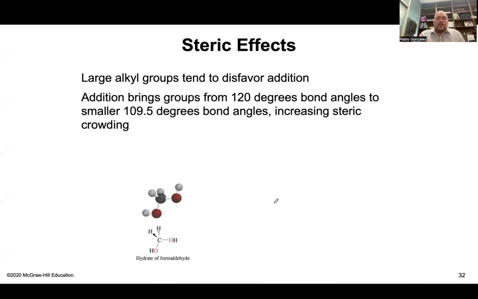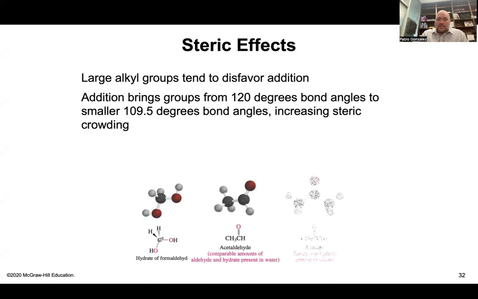So we have here the hydrate form of formaldehyde, acetaldehyde, and also the acetone. Acetaldehyde can have some hydrate compounds. For acetone, there is going to be hardly any hydrate present in water, because water needs to go through here, and these two methyl groups are going to make it harder for water to attack that carbon.